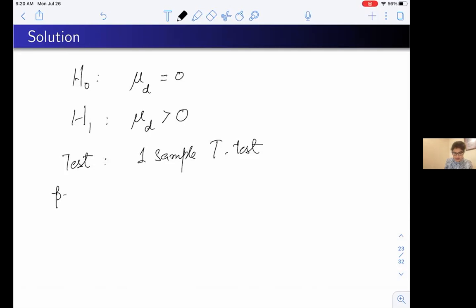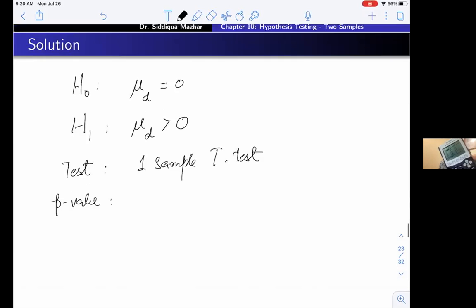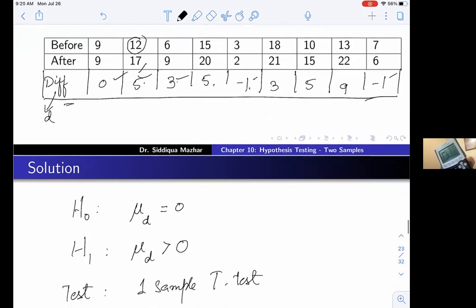Now I am interested in finding the value of p. So what you have to do on your calculator: press stat, again go to edit, and on your list one, because previously I already had data, I'm only going to change L1. L1 will be this number of differences for the study hours.